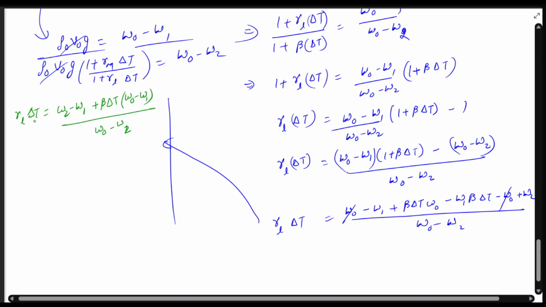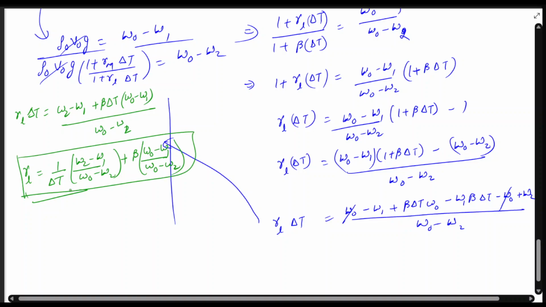Rearranging, gamma L will be equal to 1 upon delta T times W2 minus W1 upon W naught minus W2, plus beta into W naught minus W1 upon W naught minus W2, as delta T cancels. It's a pretty big calculation. This will be our answer. Yes, so it's a similar question.